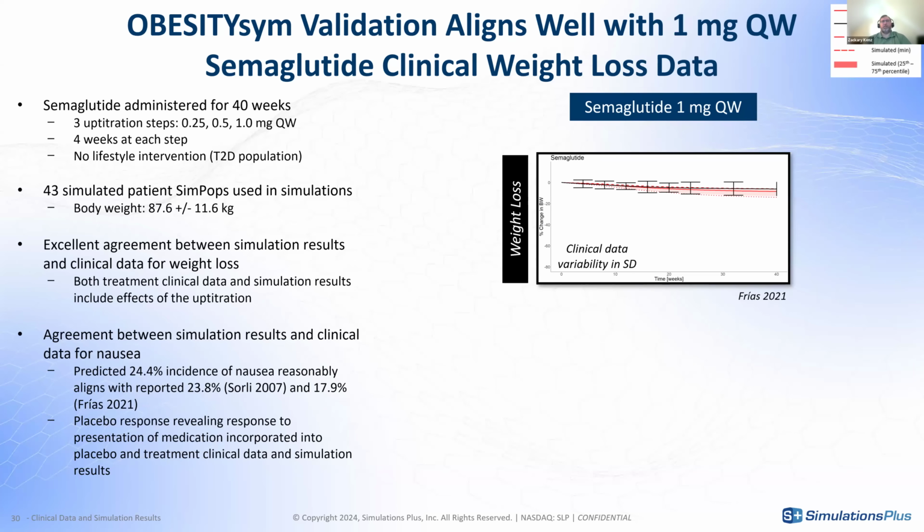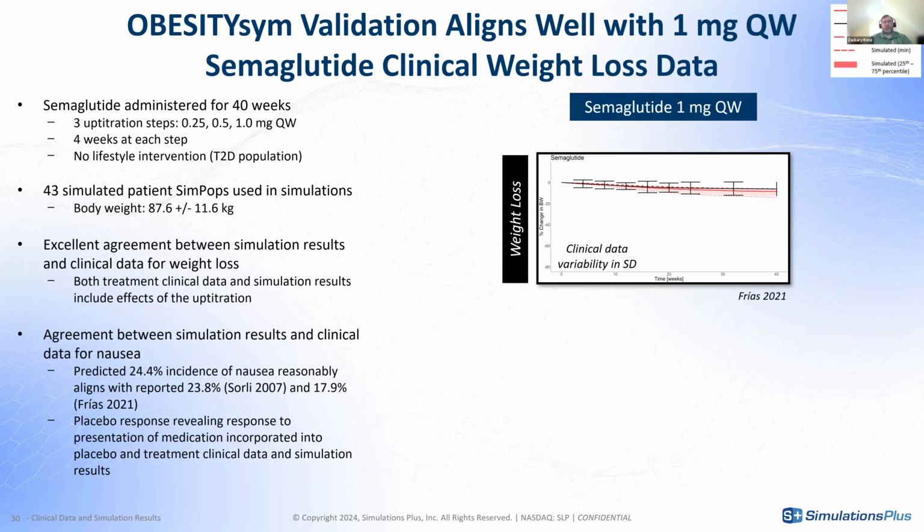Now this is moving to our validation portion. So part of the reason we included that semaglutide type 2 diabetic population is that given the availability of publicly available data, one of the data sets that we could leverage was, again, in that type 2 diabetic population. And so in this case, the middle dose for semaglutide, the 1 milligram, was what we held out during calibration and used for the example validation set.